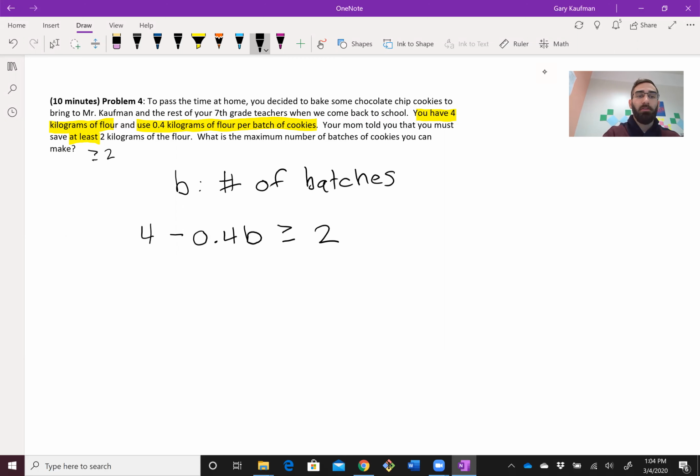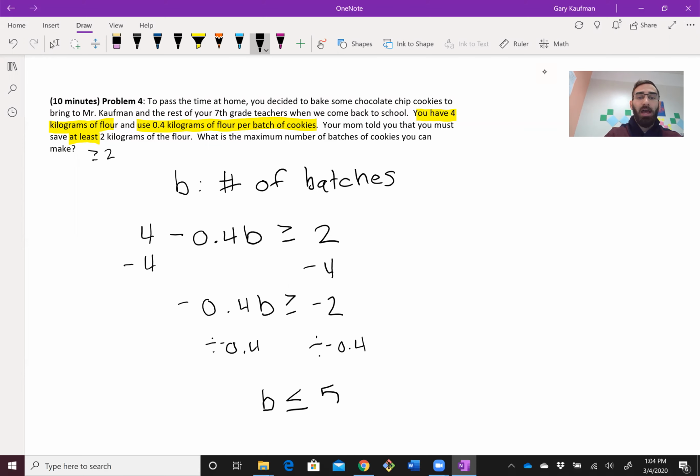So let's go about solving this now. 4 minus 4. Negative 0.4b is greater than or equal to -2. Divide by negative 0.4. Divide by negative 0.4. B, I divided by a negative, so flip the inequality sign.